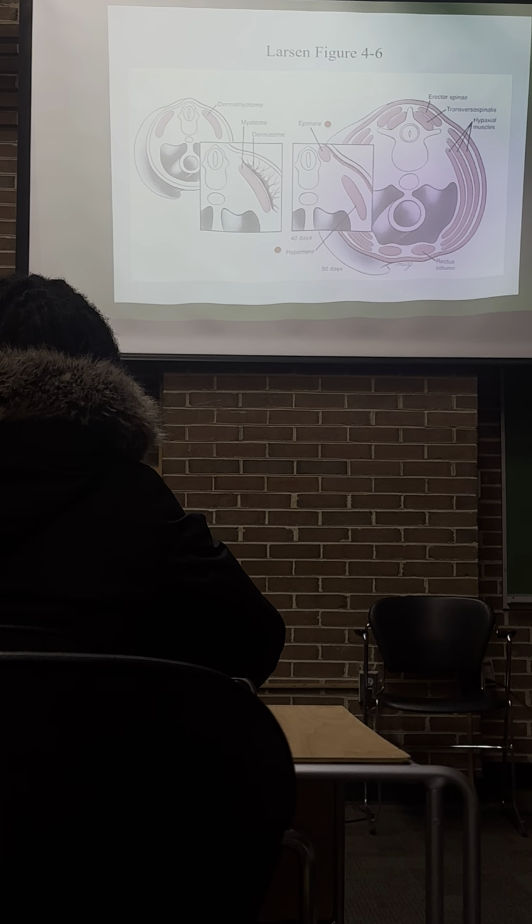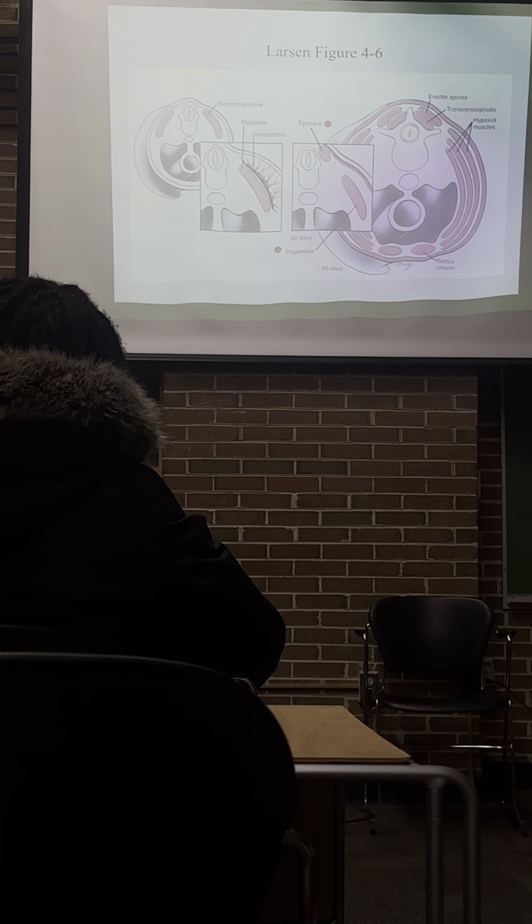Dermomyotome has two layers. One is the dermatome, which is the deep skin component. The other one is the myotome. And what's important here is the myotome differentiates into a dorsal epimere and a lateral hypomere.